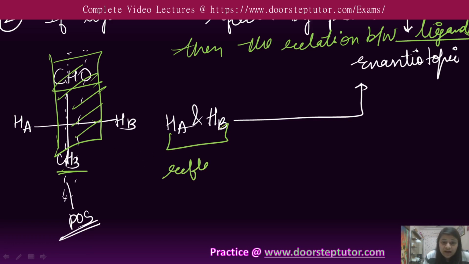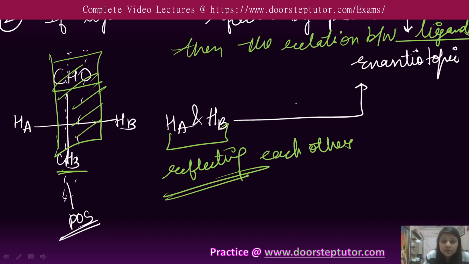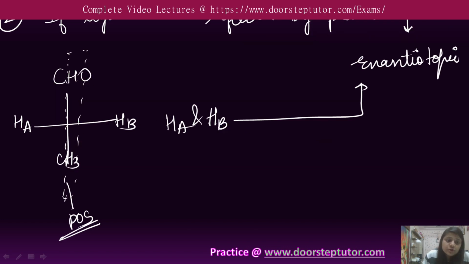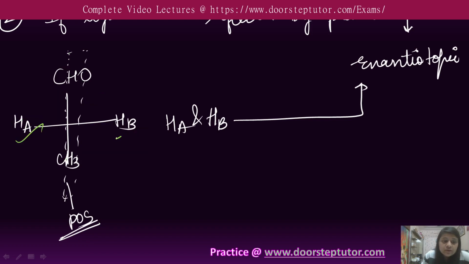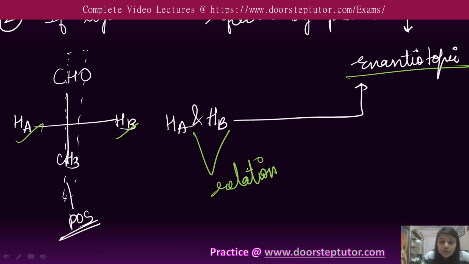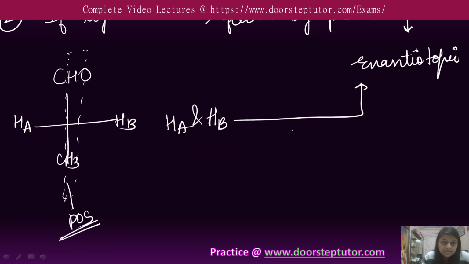If these hydrogens are reflecting each other, the relation between them is enantiotopic. So HA and HB are enantiotopic because of the plane of symmetry. This is the second rule of the symmetry method.